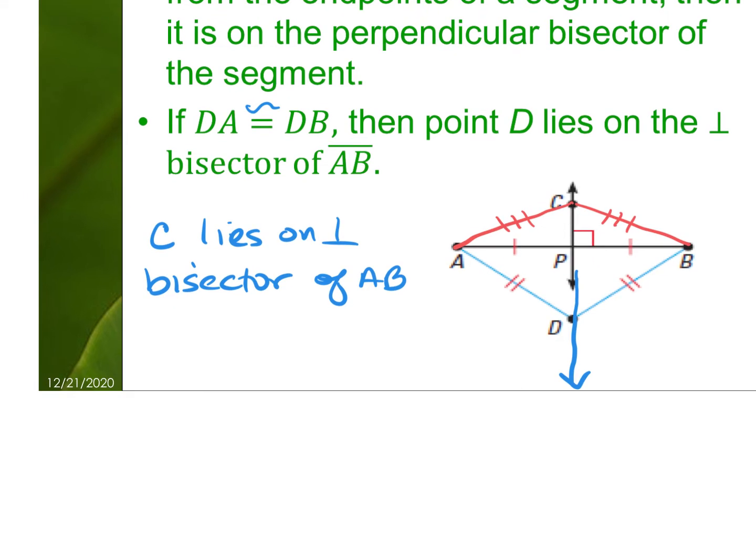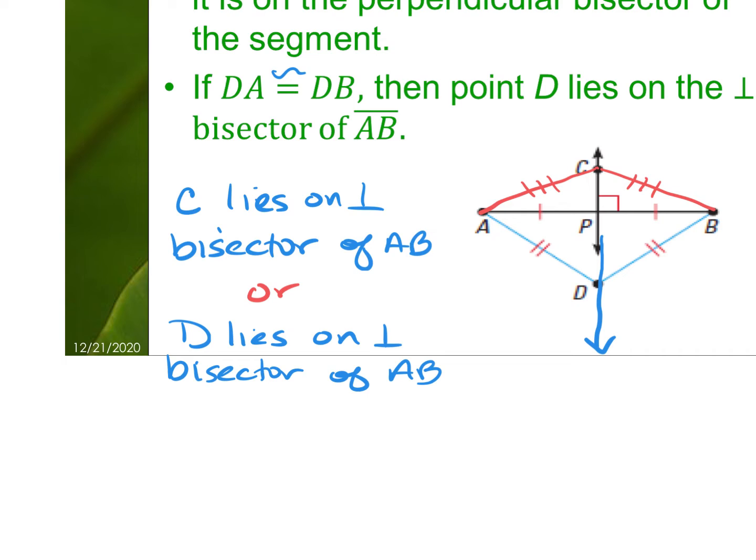Now that I've extended the line, I could also state that D lies on the perpendicular bisector because of the congruent segments to the endpoints. So I could also say D lies on the perpendicular bisector of AB. These are all statements I could make based on the diagram. I could also say that point P lies on the perpendicular bisector of AB, because notice, again, the congruency marks to the endpoints.